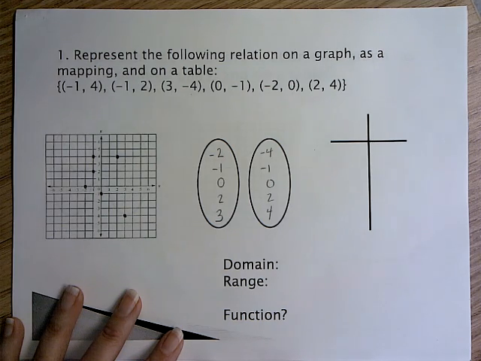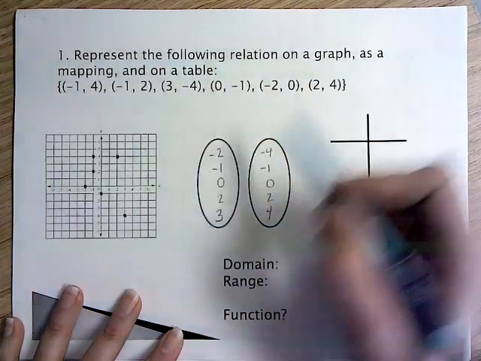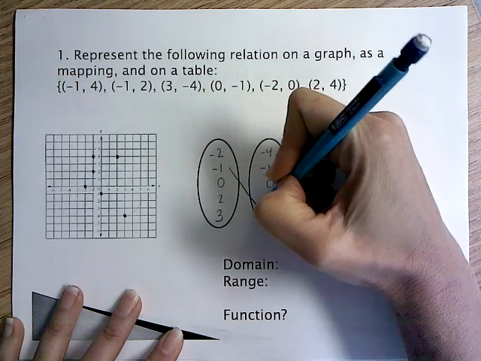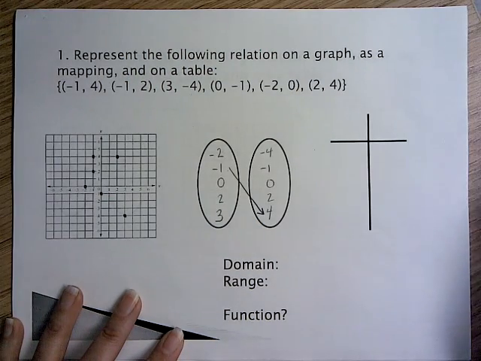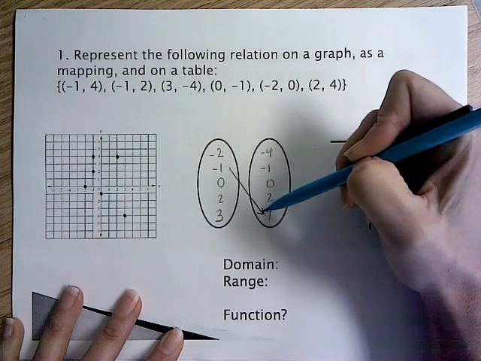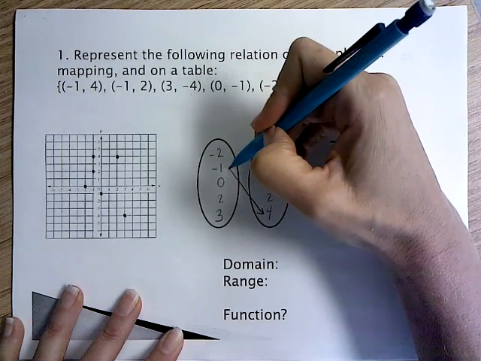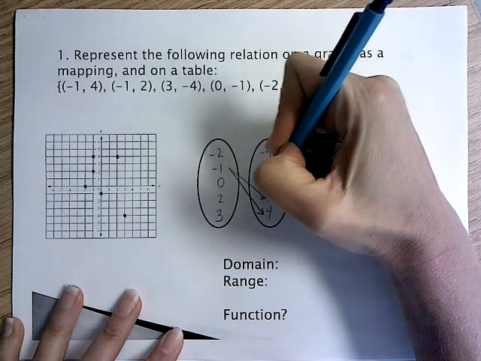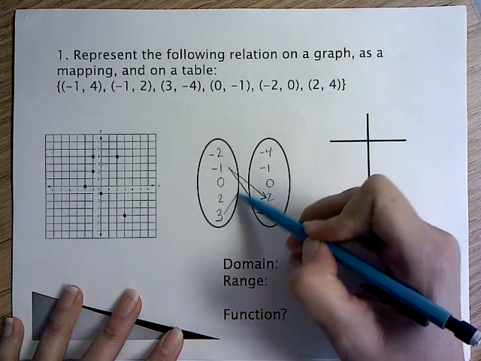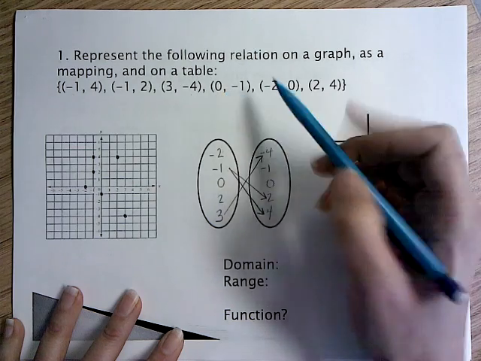So I'm going to just show the relationship. -1 goes to 4. Remember, that's a one-way arrow, nice and tidy, from your domain to your range. You must have a one-way arrow. -1 to 2. 3 to -4. 0 to -1.